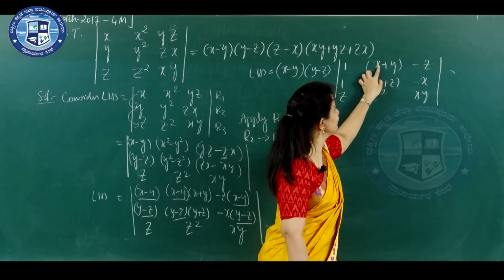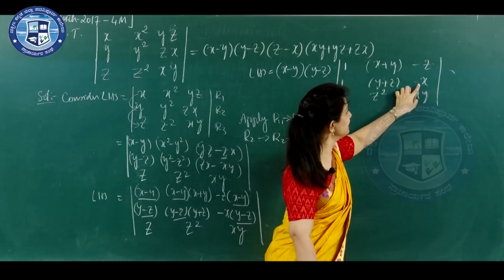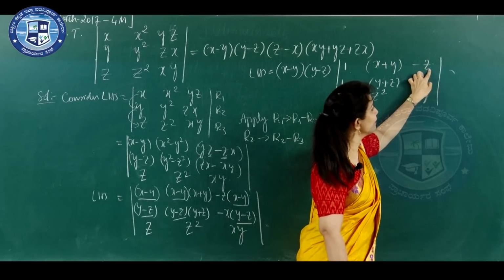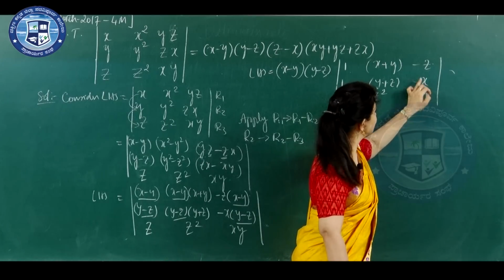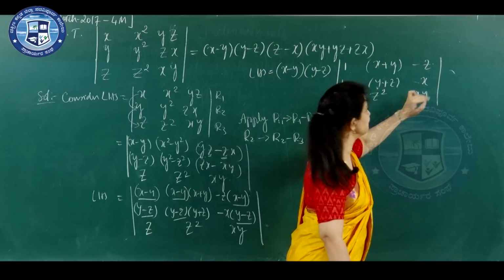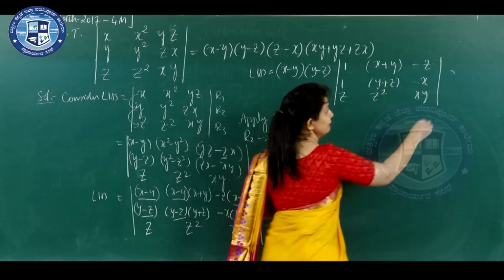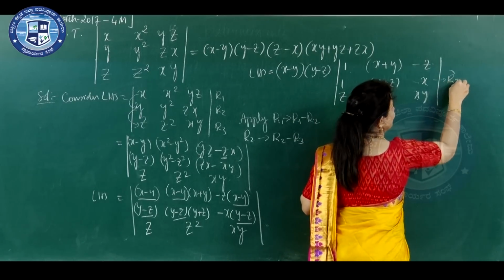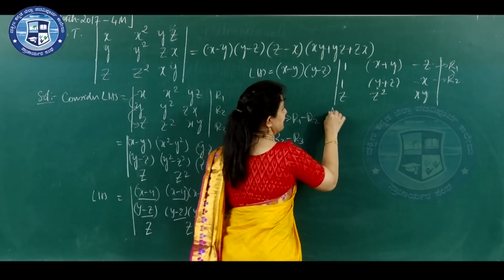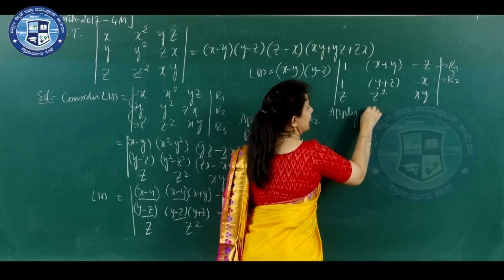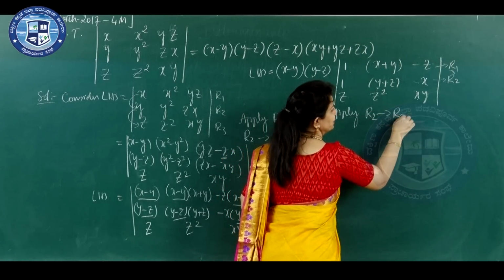Y cancels, you will get z minus x. Similarly, minus z minus of minus z, minus x minus of minus z. So, minus x plus z or z minus x we will get if you apply R2 minus R1. What you need to apply? Apply R2 changes to R2 minus R1.